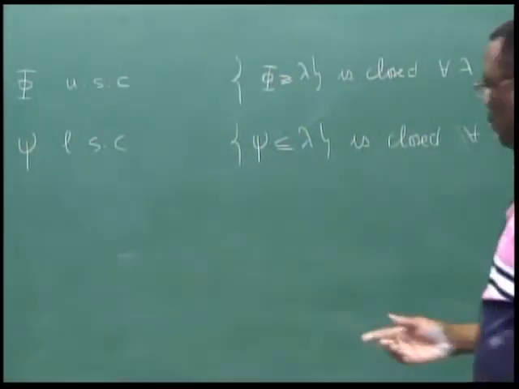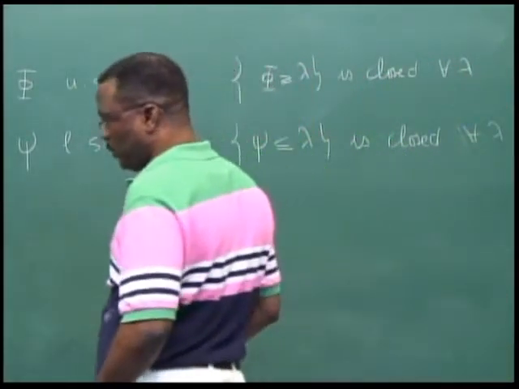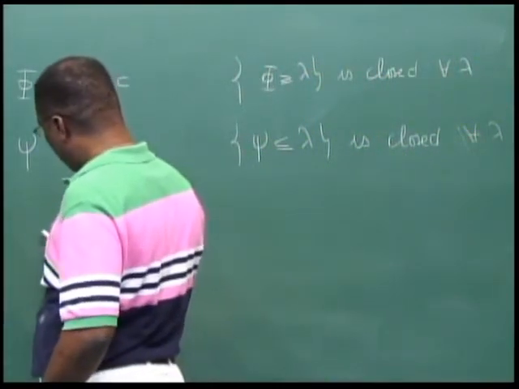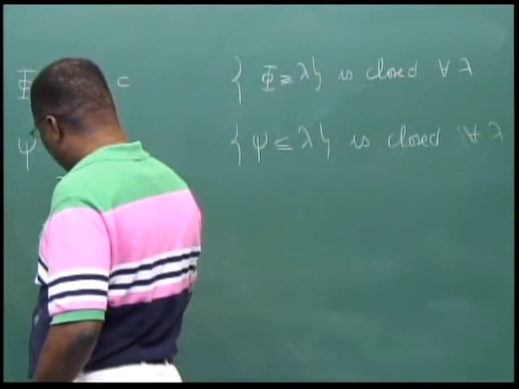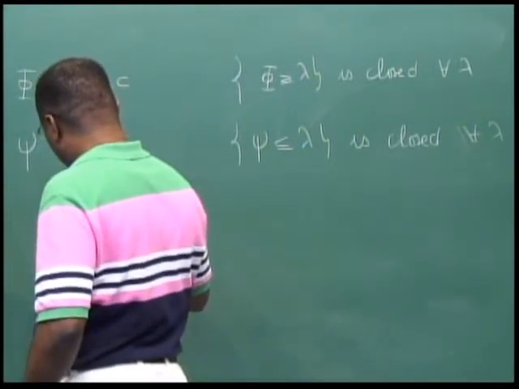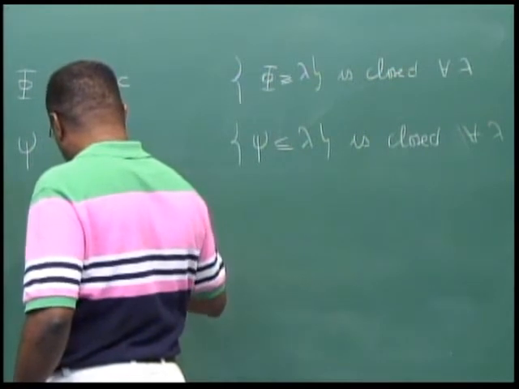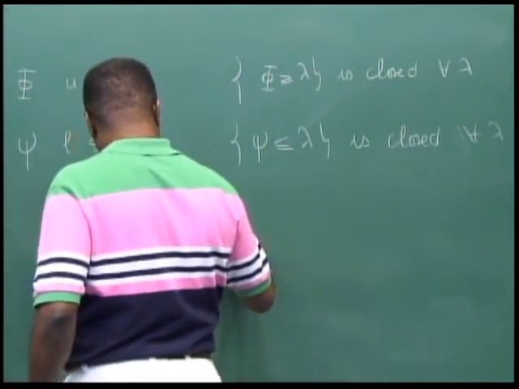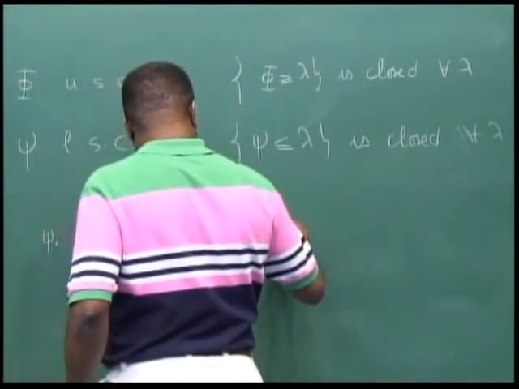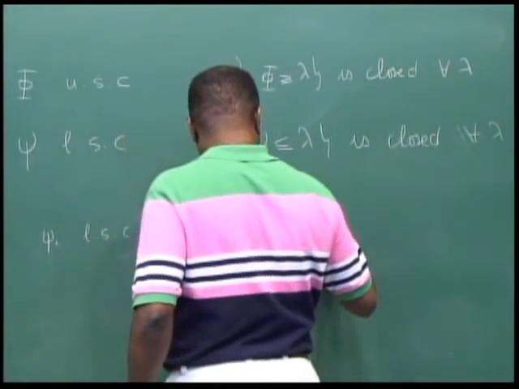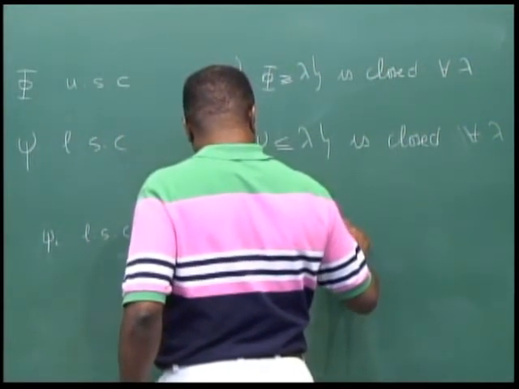So let me formulate the question differently. This is part of the homework. If phi i, psi i are lower semi-continuous, this implies that the supremum of psi i is lower semi-continuous.